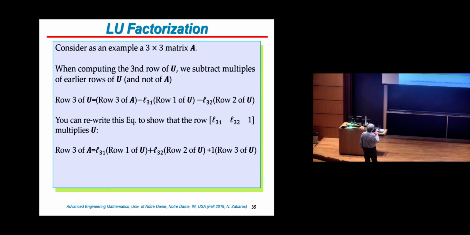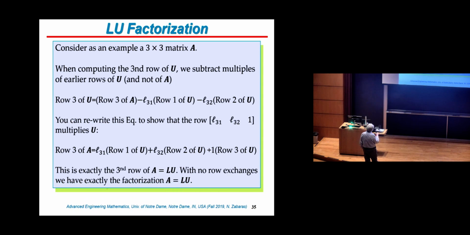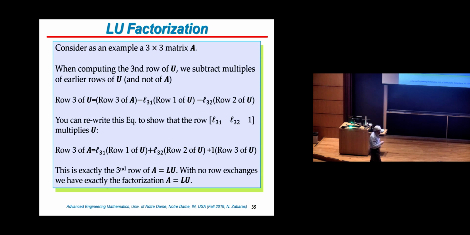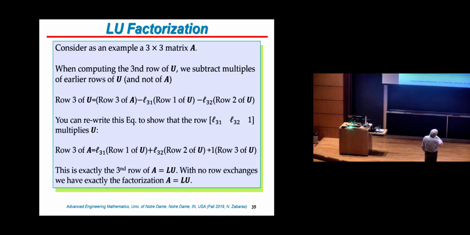It's nothing else but the product of the third row of L times U. So the matrix L, if you look at row 3, has the elements L31, L32, and 1. You can, again, practice with a 3 by 3 matrix to convince yourselves that this is the case.